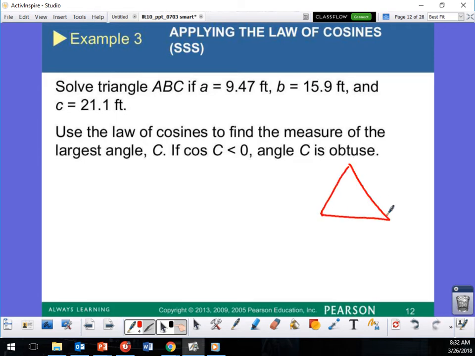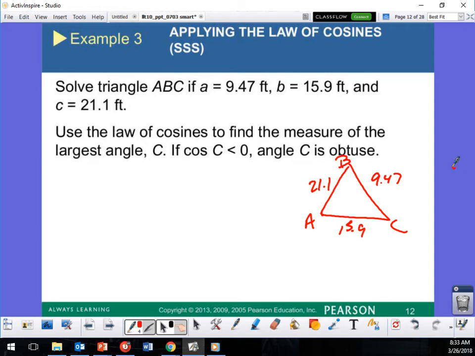So I'm going to start by drawing. Okay. So little a is 9.47, little b is 15.9, and little c is 21.1. Now, here's the issue.